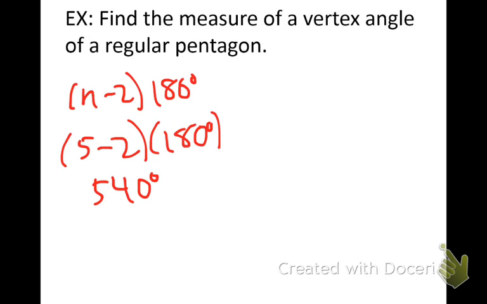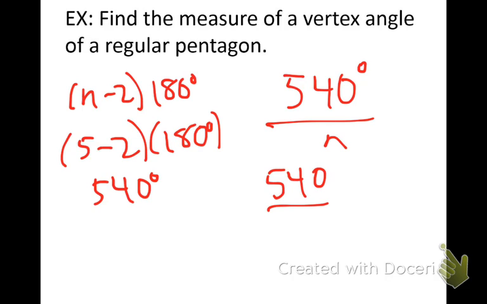Chris? Divided by 5. Yeah, we divide by the number of sides. So we're going to take 540 divided by n. That's 540 divided by 5, which gives me 108 degrees.